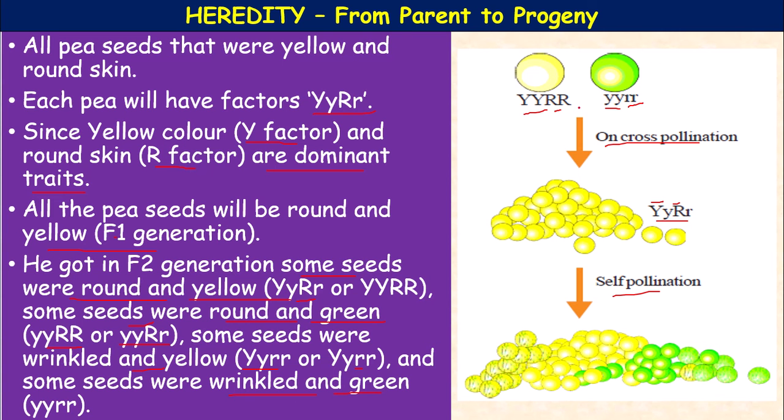So we have to remember here capital Y represents the yellow color, small y represents the green color, capital R represents the round shape, and small r represents the wrinkled shape of the P.